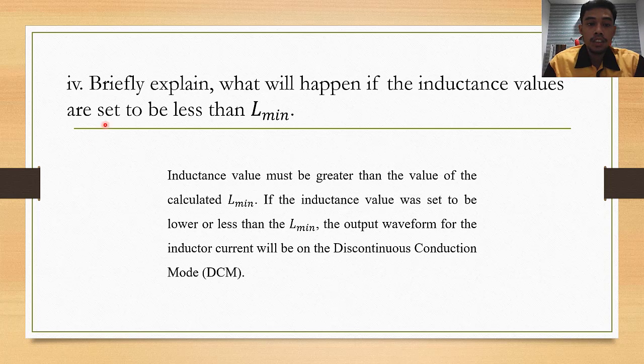So the next question is, what will happen if the inductance value is set to be less than the Lmin? In a DC to DC boost converter, the L must be chosen higher than the Lmin. If the value of inductance is chosen less than Lmin, the inductor current waveform will be in the discontinuous conduction mode.